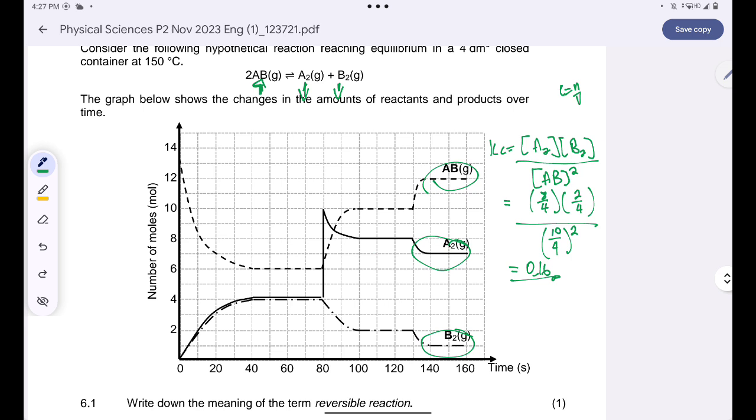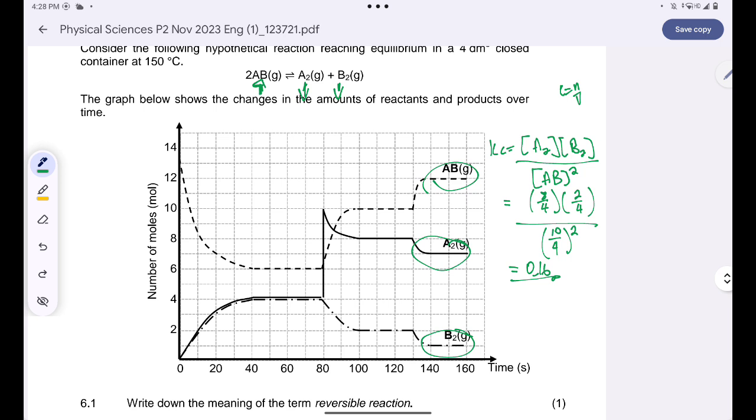If ever, guys, your forward reaction is endothermic, whenever you decrease your temperature, you will always decrease the Kc value. Why am I saying that? Because if you decrease the temperature in an endothermic reaction, the products will be smaller than the reactants.